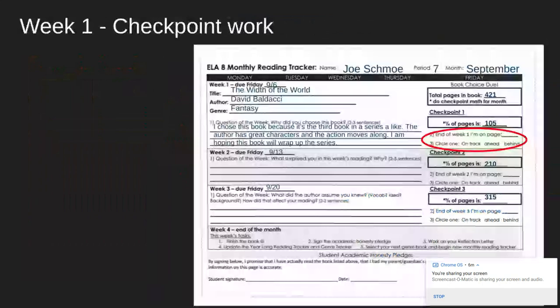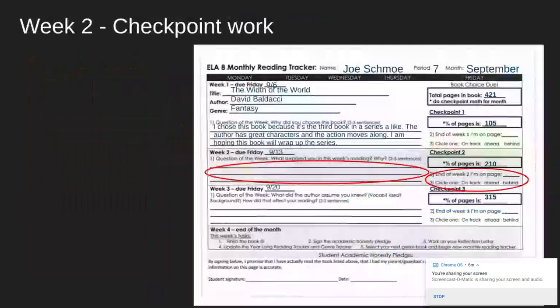Notice the red circle that I have put on the upper right side of the demonstration, where you will write in your pages. You must tell me what page did you end on for the week, or else I have no idea where you are in your reading. So before Friday, you will give me that information.